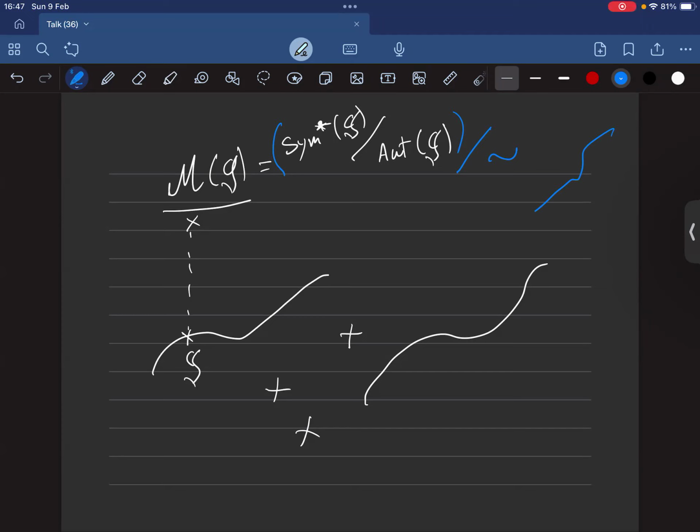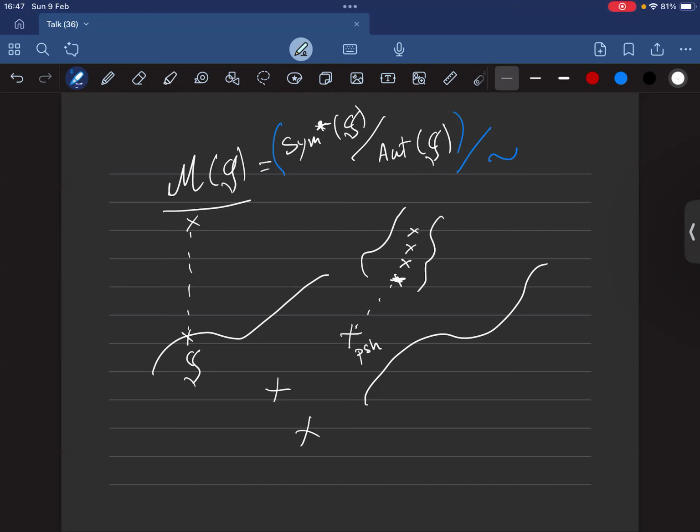So maybe I will try to draw it for one case. For example, let's say this is the pseudo-homothetic. For the pseudo-homothetic, this moduli space up to scaling has 4 discrete orbits and 2 one-parameter families.